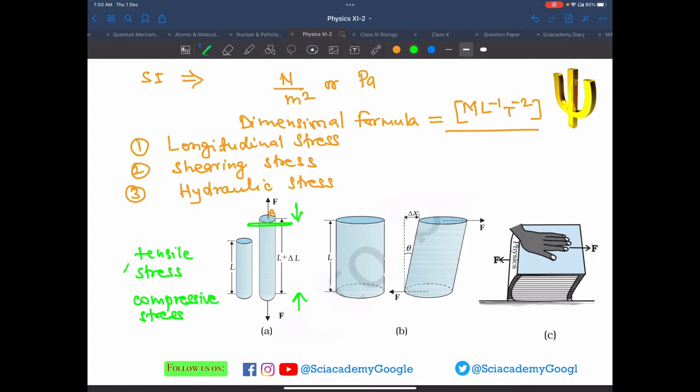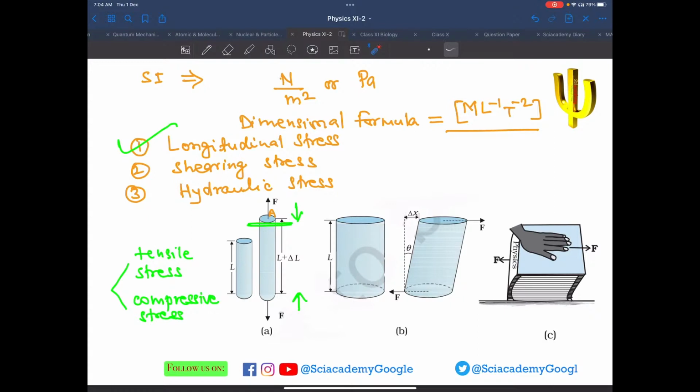That means these two, tensile stress and compressive stress, are nothing but the longitudinal stress. So when the applied force is perpendicular to the area of cross section, then we call the restoring force per unit area the longitudinal stress.